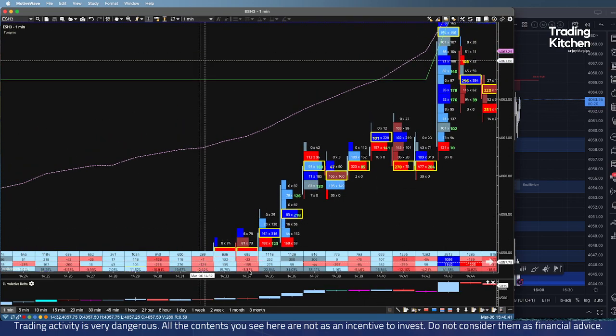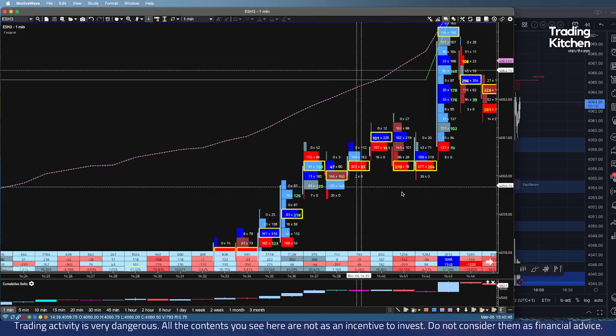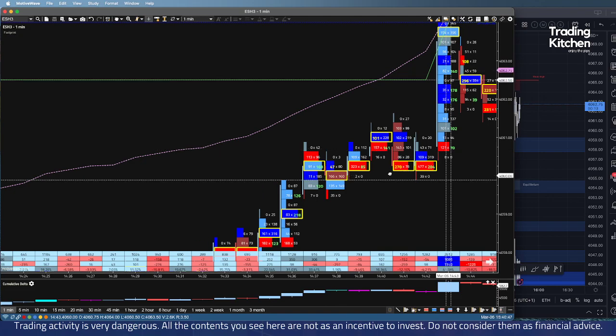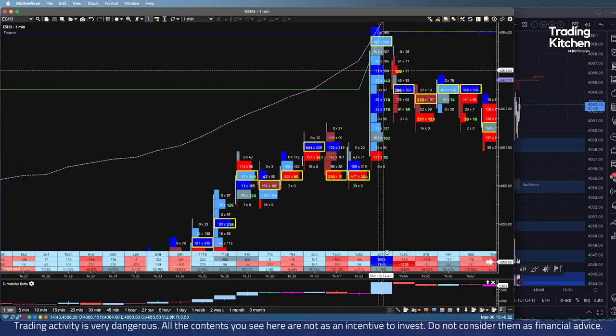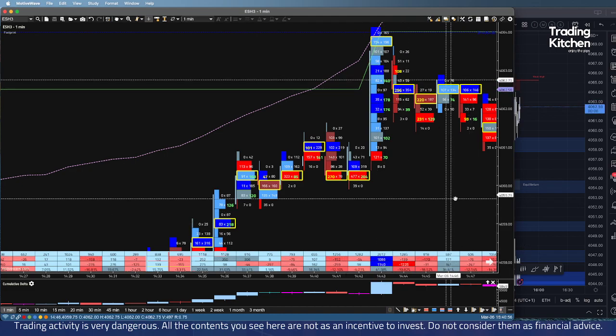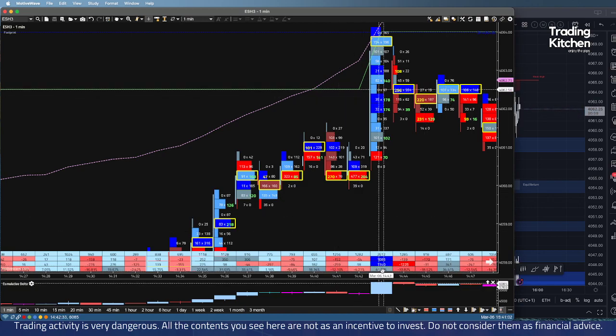Same thing, a lot of buyers are pushing price up, and then we have this strong buyer volume here. Look at the delta, 1086, 1140 of delta change, and 41 percent.